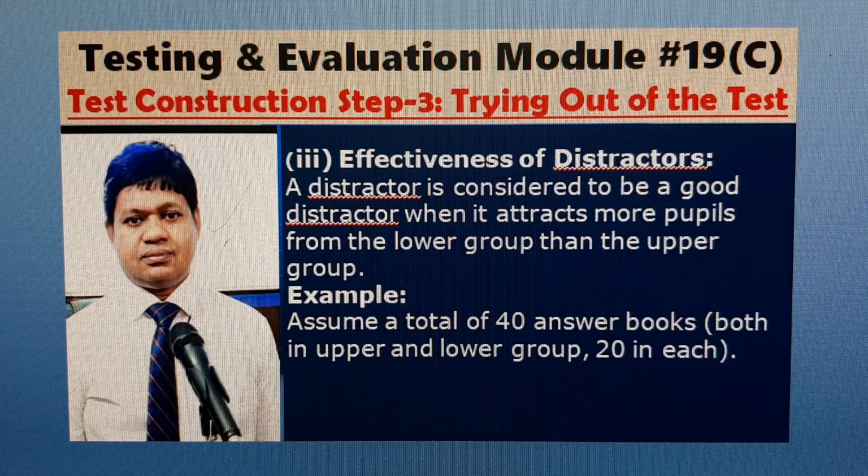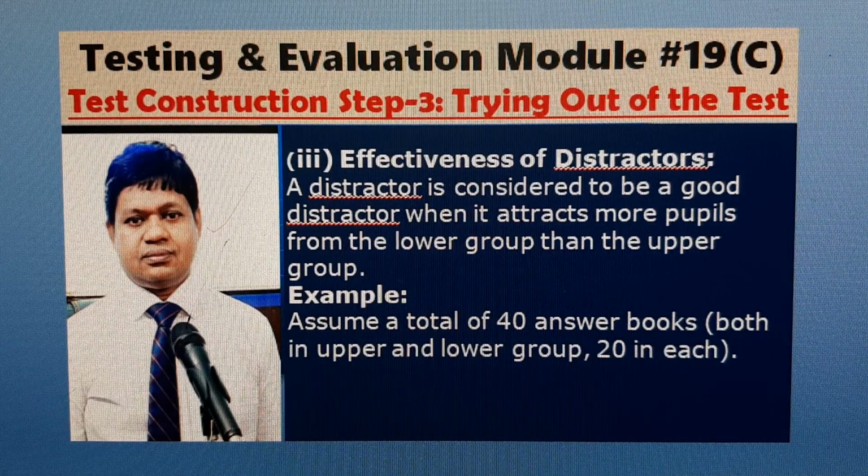Angle 3. Effectiveness of distractors. Distractors are considered to be good distractor when it attracts more pupils from the lower group than the upper group.